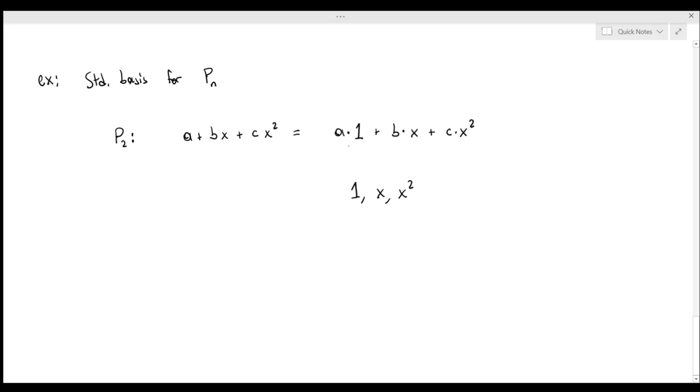And the only way to form a combination of them that will produce the zero polynomial would be if a, b, and c were all equal to 0. Because the only way to form the zero polynomial is to make all the coefficients equal to 0, that makes them independent. So they do form a basis for P2. This would be the standard basis of P2.